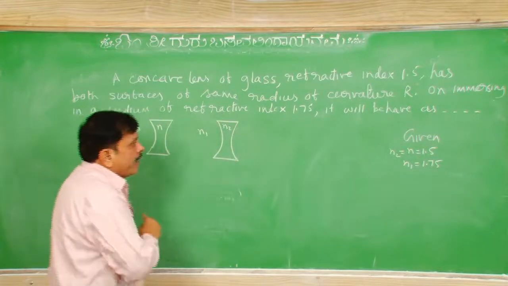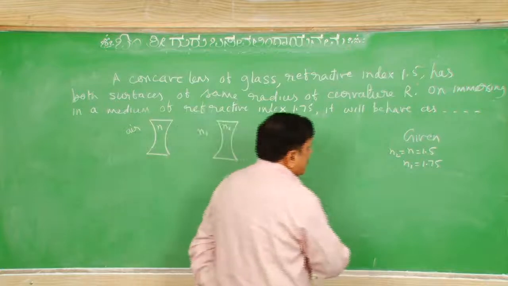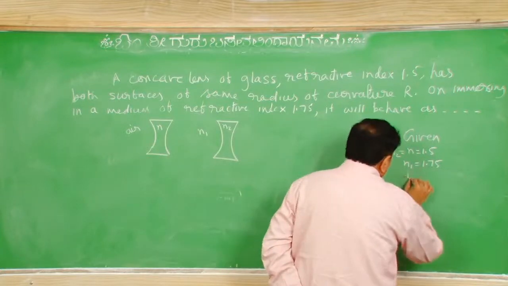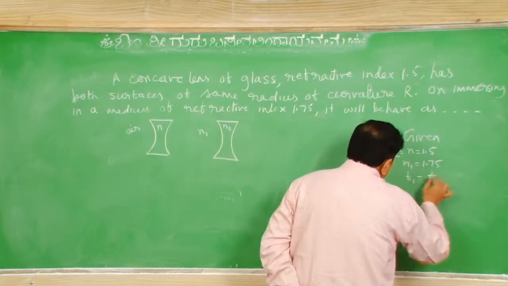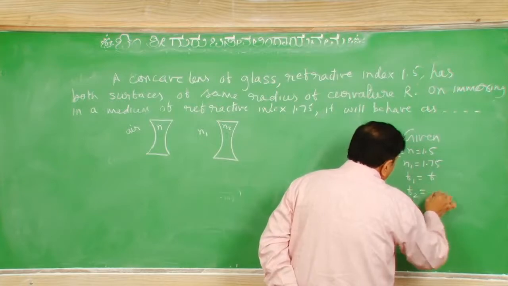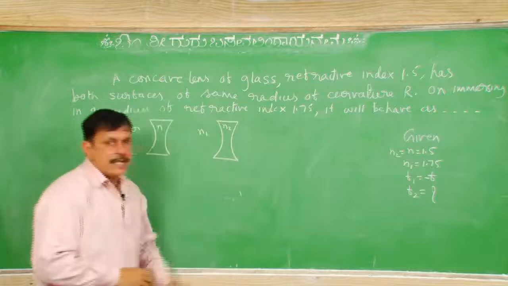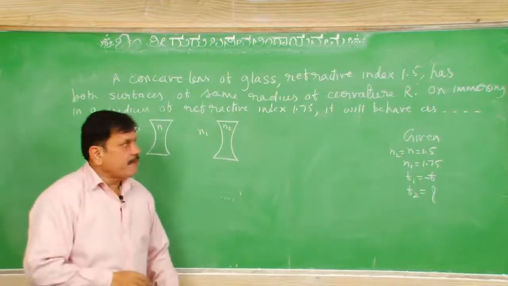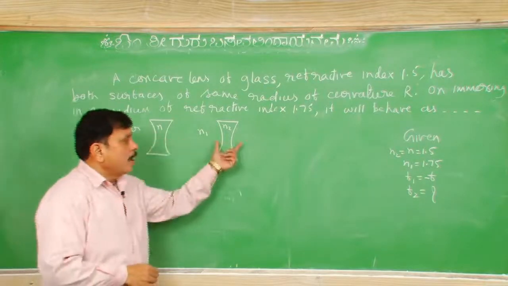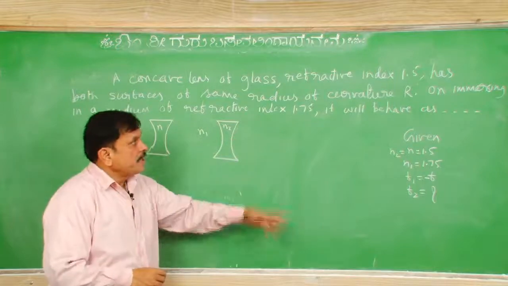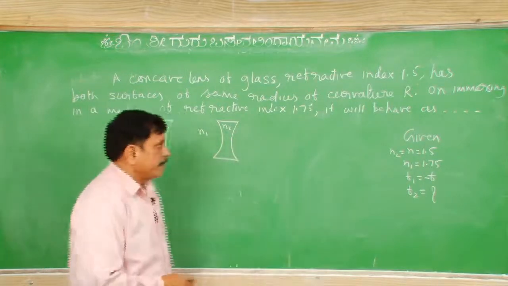We are asked what type of lens it will behave as. So we'll take F1 equal to F, and F2 equal to how much is asked. Since it is a concave lens, we'll take F1 as minus F, and F2 equal to how much. Based on that, we can fill the gap there.